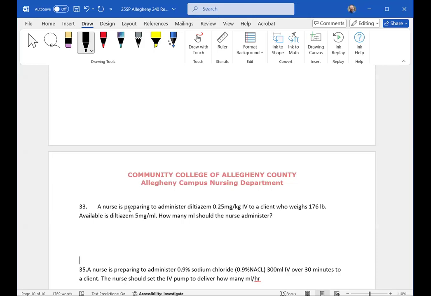All right, so I'm going to take the 176-pound patient, divide by 2.2, and I get 80 kilograms. I'm going to take the 80 kilograms and multiply by the 0.25 milligrams per kilogram.